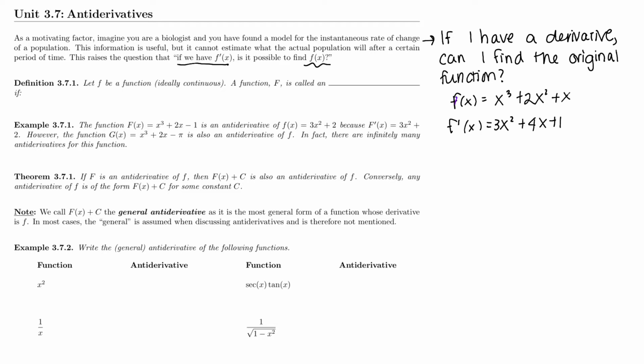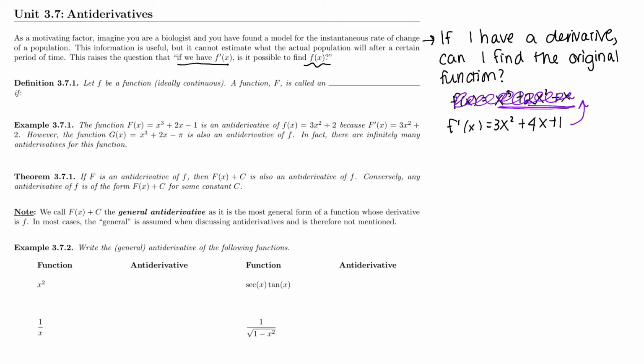But now pretend we don't know this information and we want to find out what function we took a derivative of to get this. We have this, but we want to know what happened from the step before this to get here. That's what we're going to figure out. How can we go in this reverse direction here? How can I take a derivative and go back to my original function? So starting with the derivative, moving backwards.